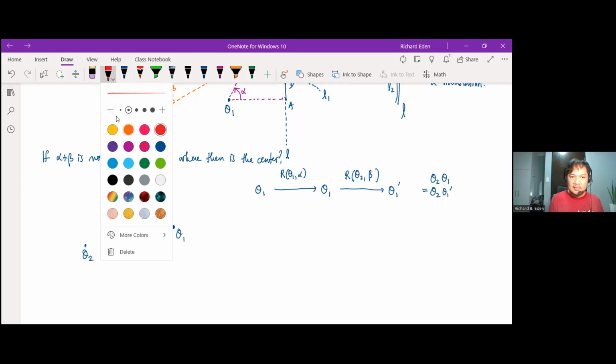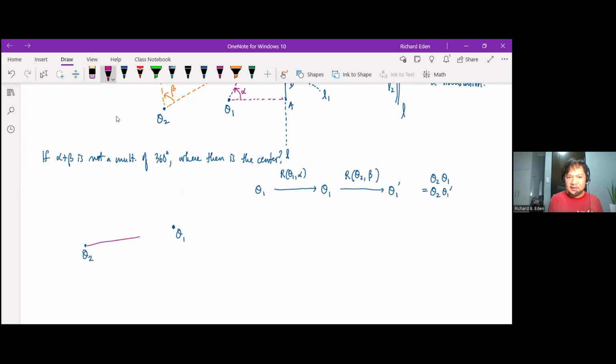Purple. So if this is the distance from O2 to O1, then the distance of O2 to O1 prime should be the same. So let's say doon napunta O1 prime, and the purple segments are congruent.